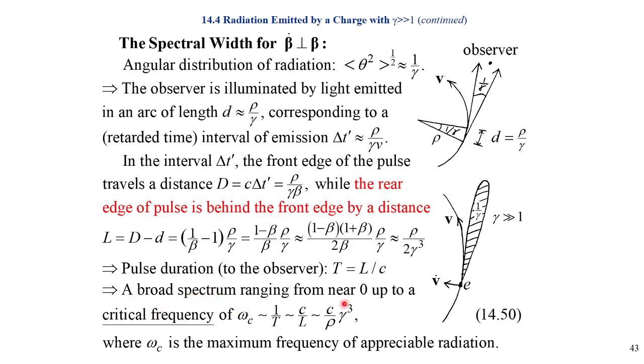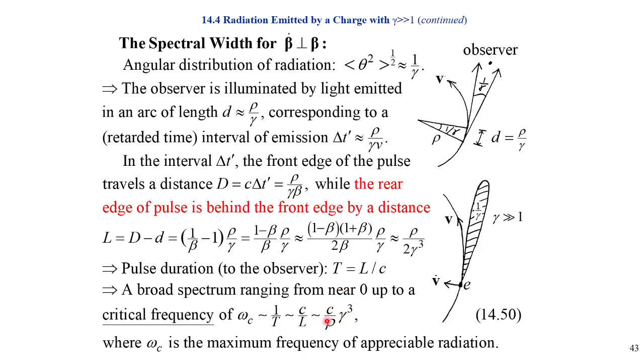We know the highest frequency will be the critical frequency. Actually, there will be frequencies beyond the critical frequency, but that is not very significant. So we call the critical frequency omega c equals 1 over T equals c over L, c rho gamma cubed. Okay, just here.